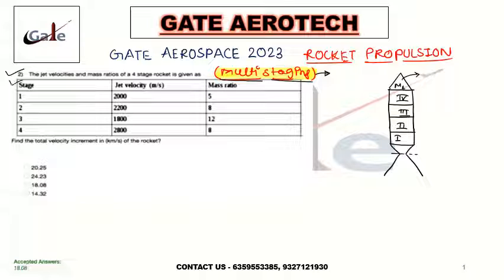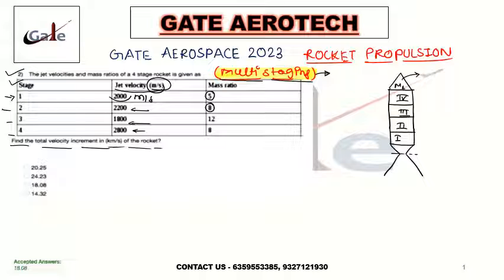They have given the data for first, second, third, fourth stage. For the first stage, the propellant will burn and the exhaust velocity is 2000 meter per second, and the mass ratio of the first stage is given. Similarly for the second stage, they have also given the velocity. They are asking to find the total velocity increment in kilometer per second of the rocket. After using 4 stages, what will be the final velocity of the rocket?